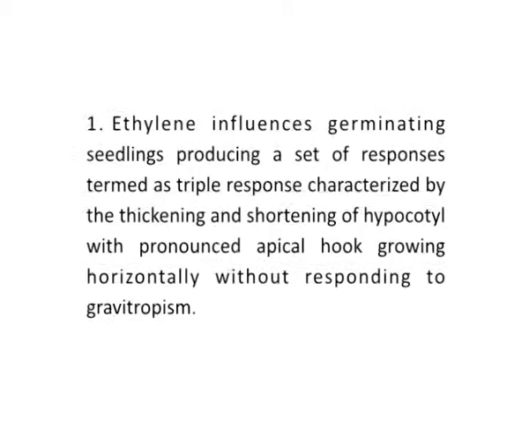Ethylene affects many plant processes and the main effects of ethylene are: first, ethylene influences germinating seedlings producing a set of responses termed as triple response, characterized by the thickening and shortening of hypocotyl with pronounced apical hook growing horizontally without responding to gravitropism.